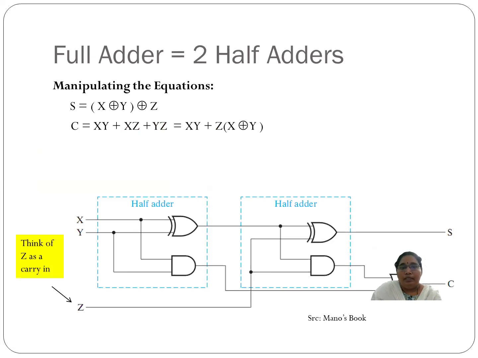Now this carry is not the full carry. Again, there is a chance of the second half adder also giving a carry. That is why we are taking 2 carries and then adding them to get the resultant carry. That is, we can get a carry here or here. In either case, we are going to get the final carry.